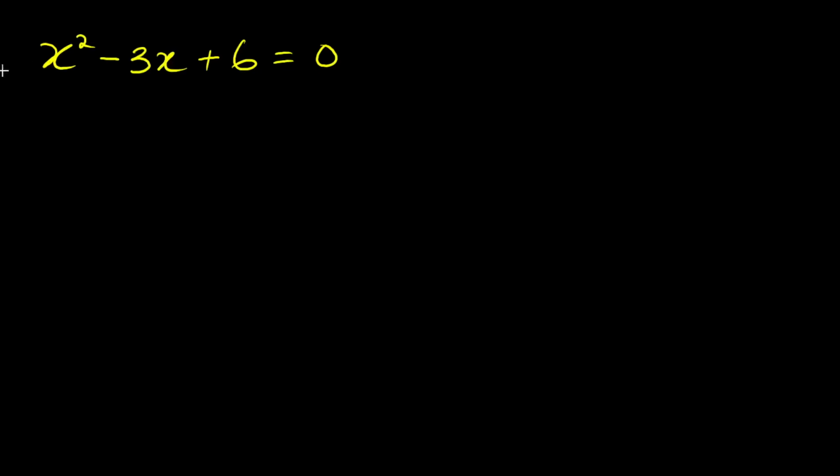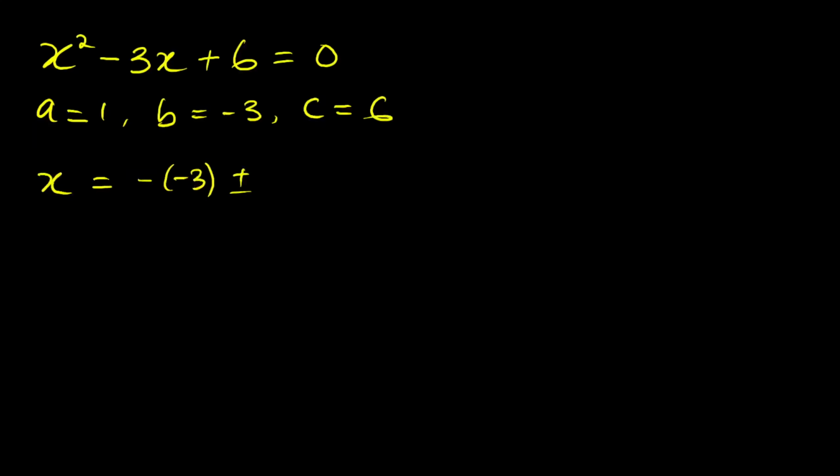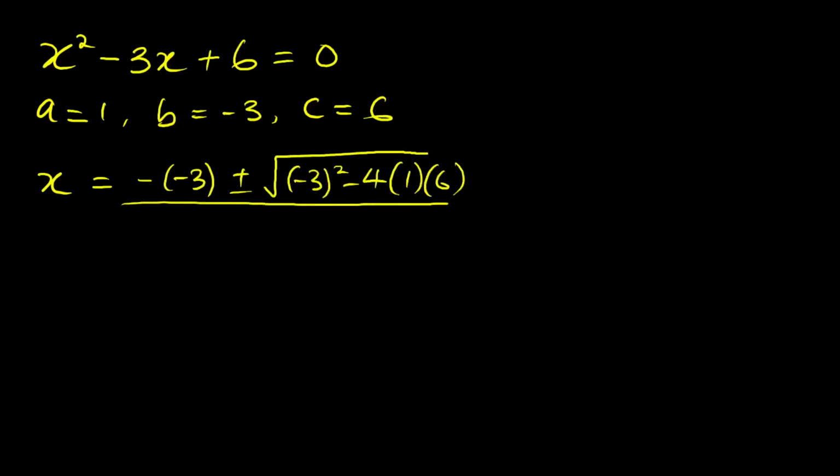Okay, so we will use the quadratic formula to solve this. We have that a is equal to 1, b is equal to minus 3, and c is equal to 6. So when we apply the quadratic formula, that will be minus b, which is minus minus 3, plus or minus the square root of b squared, minus 3 squared, minus 4 times a, which is 1, and c is 6, all over 2a, which is 2 times 1.